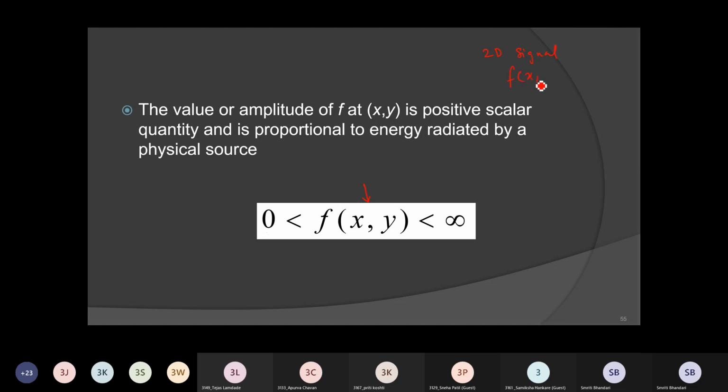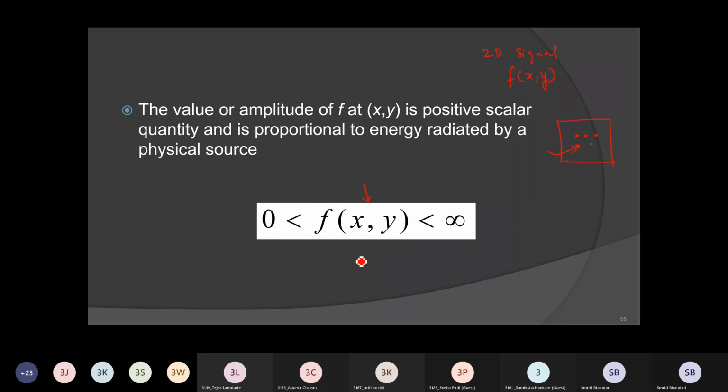And this two-dimensional signal is represented as f(x, y). So if this is the image, then at every point I'll be having some positive scalar quantity, and this quantity is proportional to the energy that is being radiated by the object.